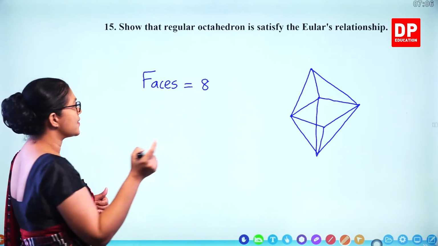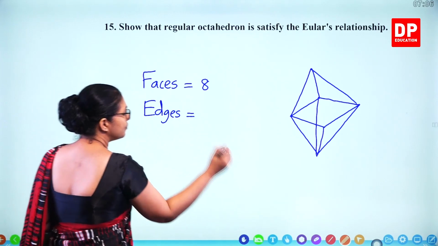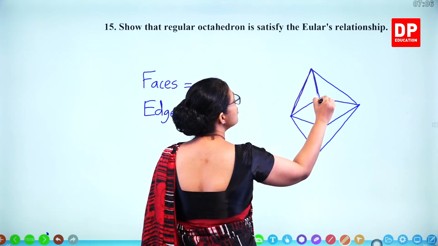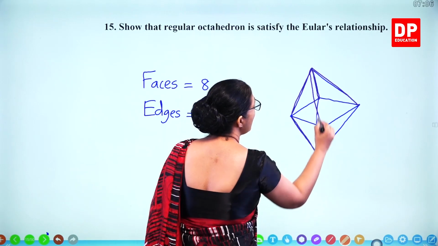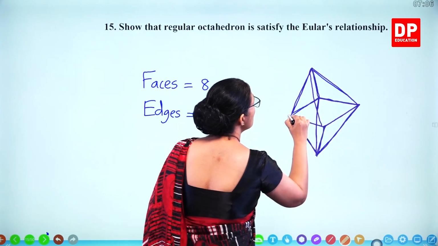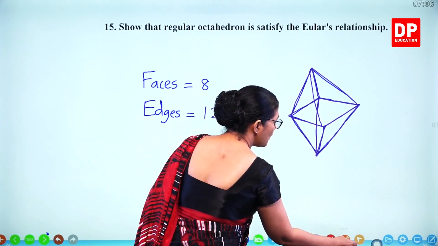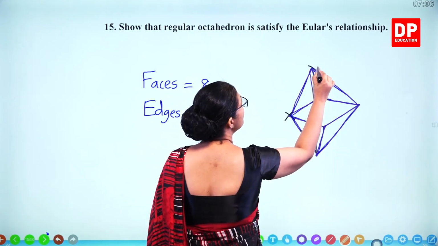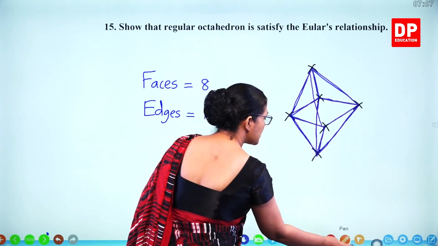Octahedron means 8 faces. Edges, count and see. 1, 2, 3, 4, 5, 6, 7, 8, 9, 10, 11, 12. 12 edges. How many vertices are there? 1, 2, 3, 4, 5, 6. 6 vertices are there.